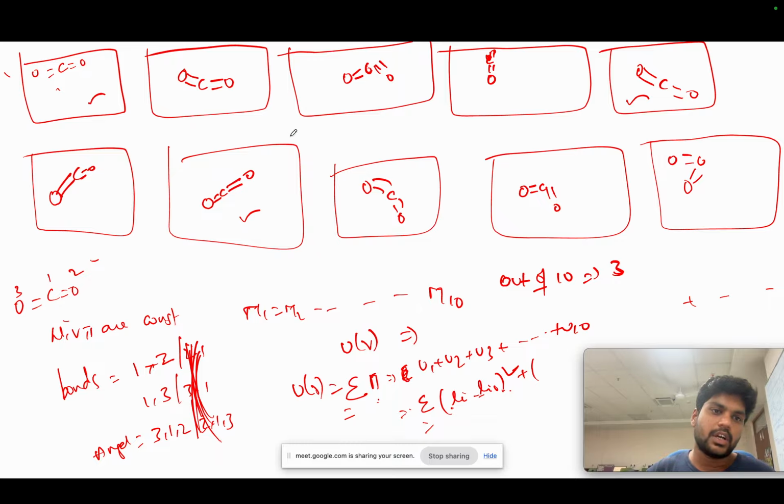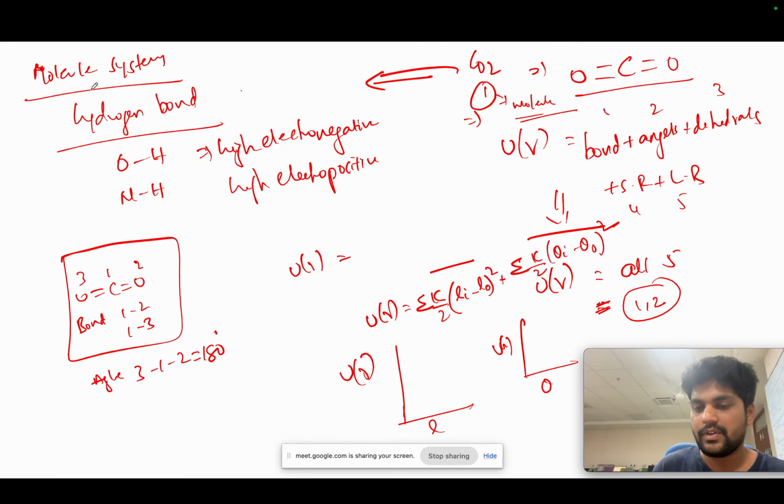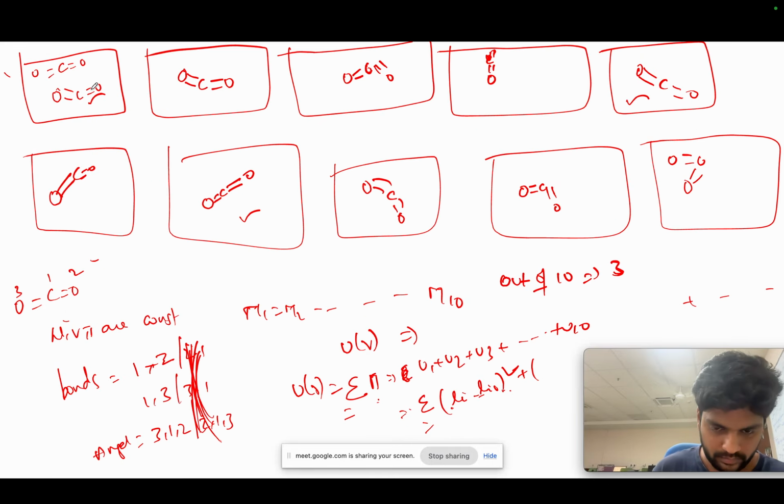Say suppose if there are two molecules, I'm just writing, there is another molecule. So now tell me what is the properties out of this 5, what we can take. You understand my question? So we have two molecules now.